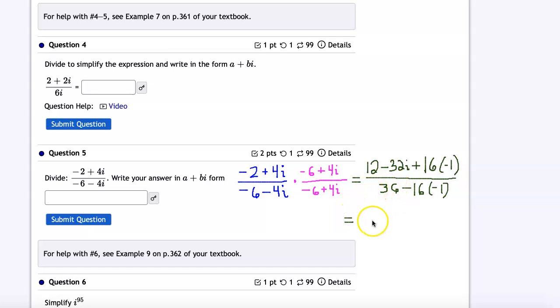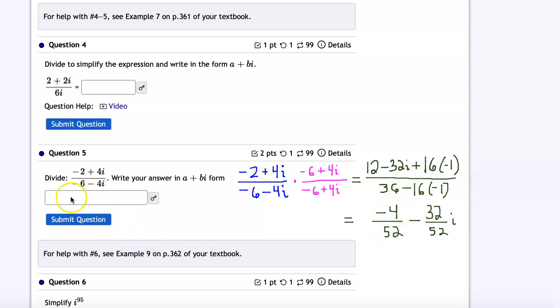So for the real term, we're going to have, let's see, 12 minus 16 is negative 4, so negative 4 over 52. And then for the imaginary component, we have subtraction here, so that's minus 32 over 52. And then the i goes off to the side. And then we want to reduce these values, of course.